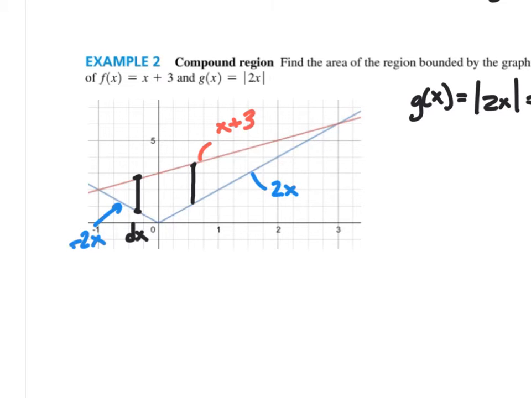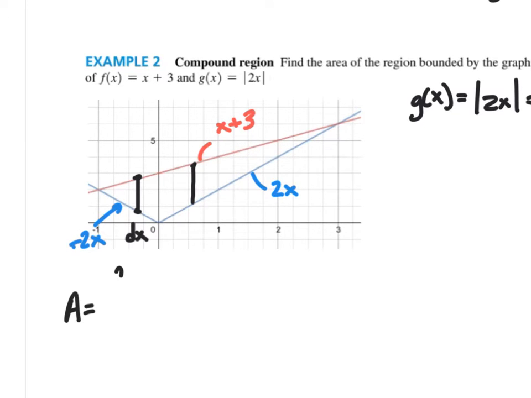So what I have here is really just two different areas. I have this area that I can calculate, and I have this area that I can calculate. So let's do the part over here. To calculate this first area, I would integrate from this point of intersection, from negative 1 to 0, because at 0 things change and I switch to a different function.